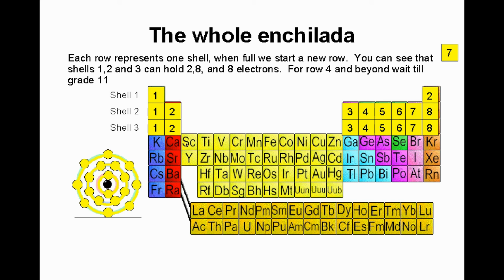Now, does this mean the next row, that orbit should have 18 positions? Yes and no. It has 8 and 10. So potassium is going to have 1, calcium is going to have 2, 3, 4, 5, 6, 7, 8, jumping over these guys who have no pattern. So you will never be asked to draw the Lewis dot diagram of these guys in grade 9.